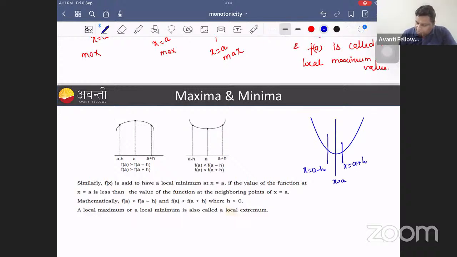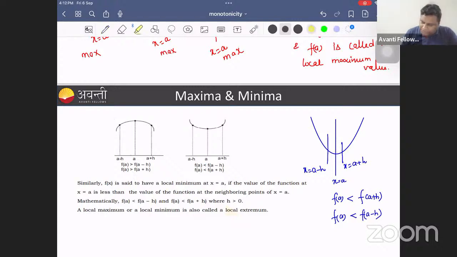So now f of a is less than f of a plus h, as well as f of a is less than f of a minus h. So whenever the value of the function at that point is less than both its neighbors, this is what we call the local minima.